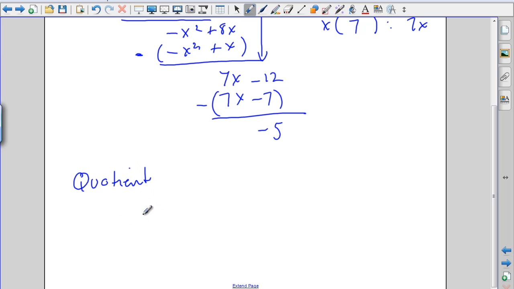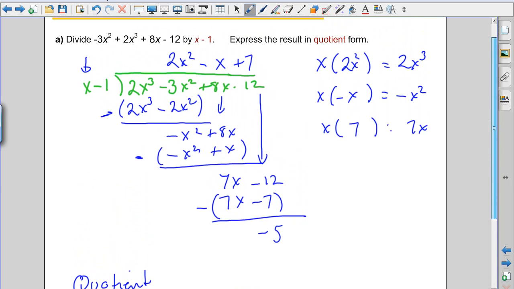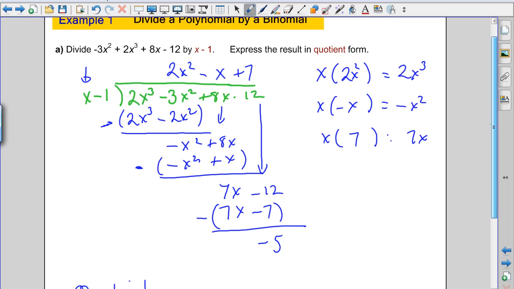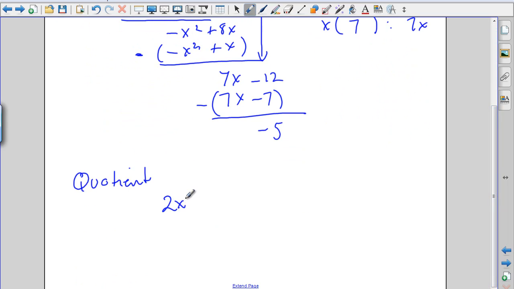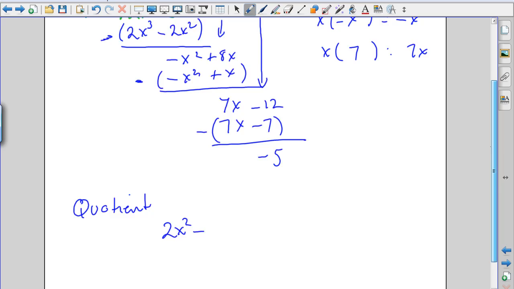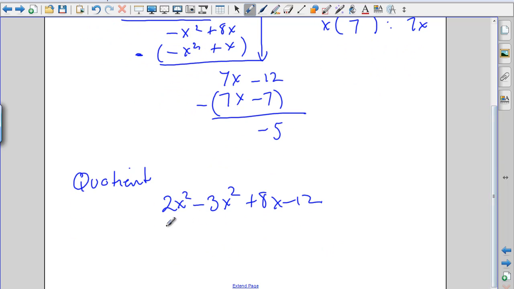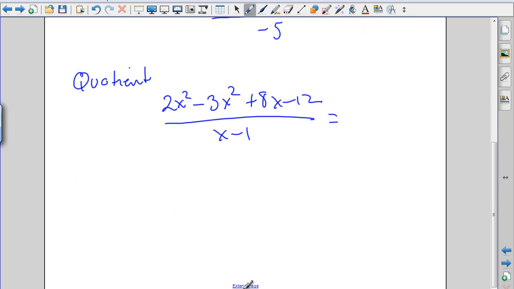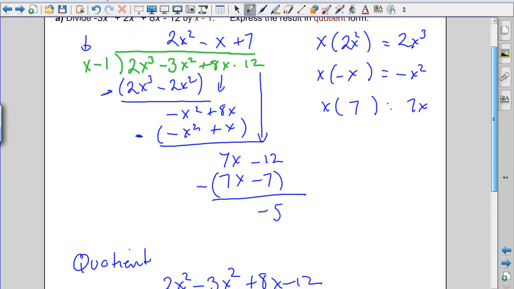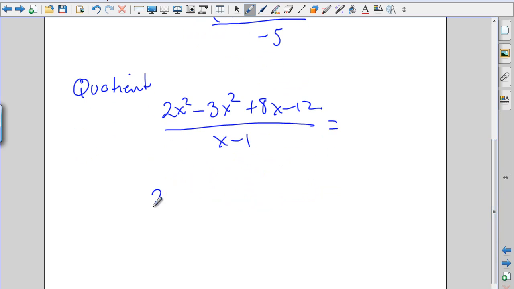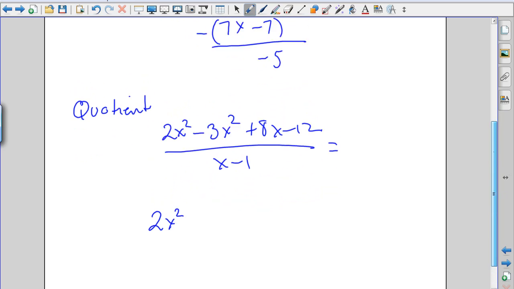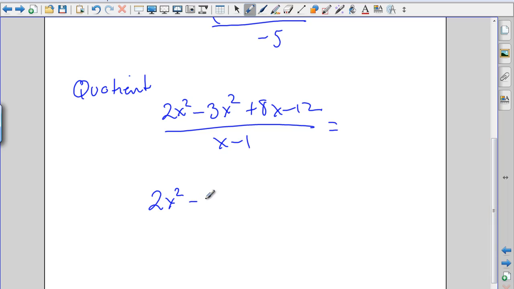And what that looks like is we state the dividend over the divisor. 2x cubed minus 3x squared plus 8x minus 12 all over x minus 1, and that is equal to, I'm just going to put it below here, and I'm going to write the quotient, 2x squared minus x plus 7.